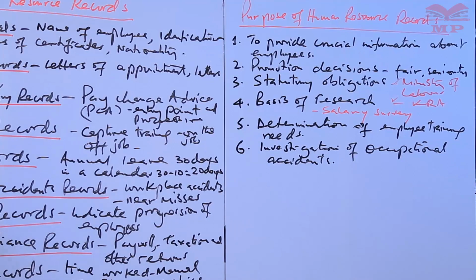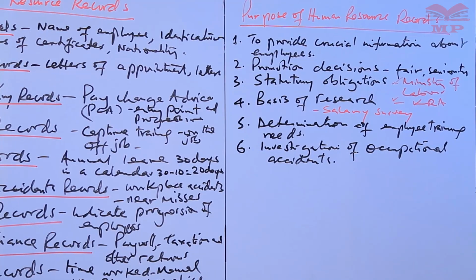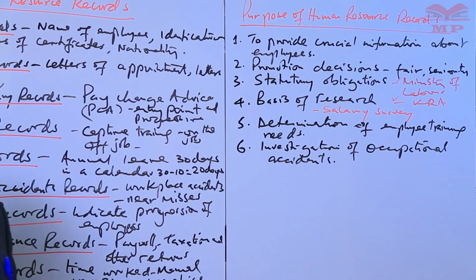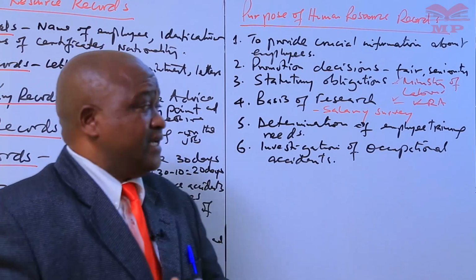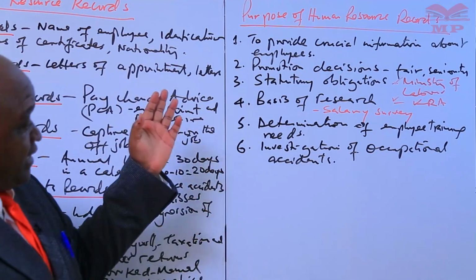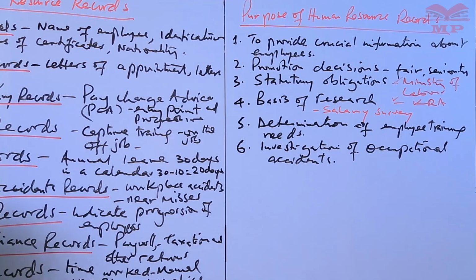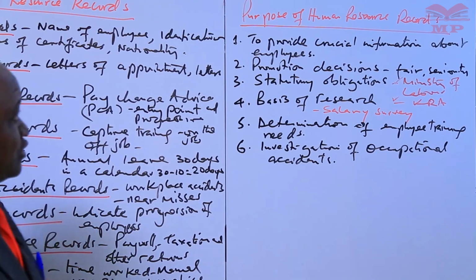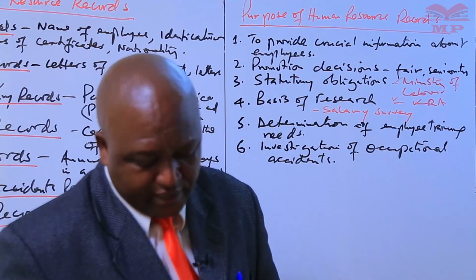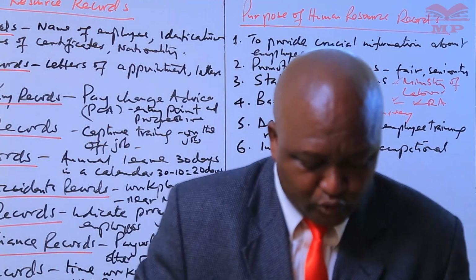So if you have records that have been maintained, and these records focus on the near misses, the accidents in that particular kind of an organization, then investigation of occupational accidents can also be one of the uses or the purposes for which an organization is able to maintain and use these particular records within a given setting.